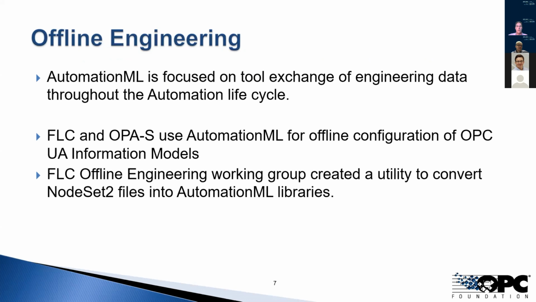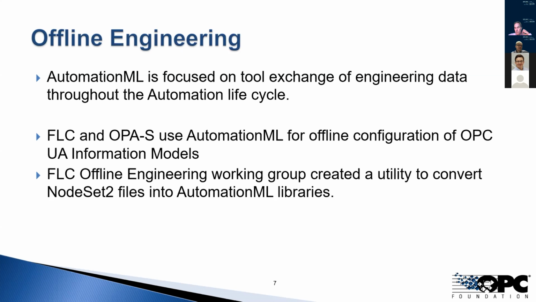Essentially, this exchange format was designed specifically for sharing of engineering data among different design tools throughout the automation lifecycle. So their focus from the get-go has been on offline engineering, whereas OPC UA's focus has been on the online information sharing of those types of information models.